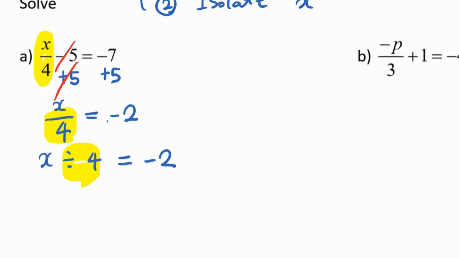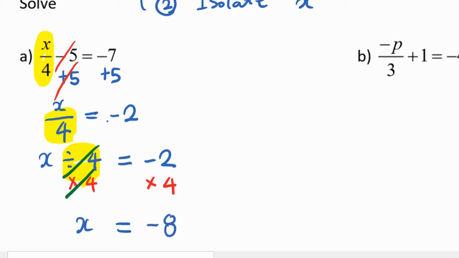So we are multiplying by 4 to remove division. Then x will be isolated. And negative 2 times 4 is negative 8. So that is the answer. x is negative 8.